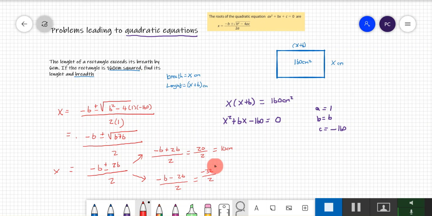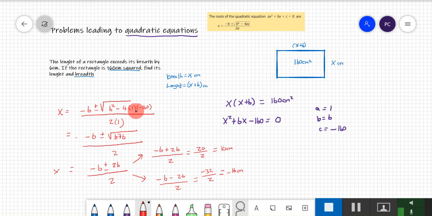So it's equal to minus 16 centimeters. So this gives us two values for x. Now, we can ignore this negative value here, because the value is not going to be negative 16 centimeters.